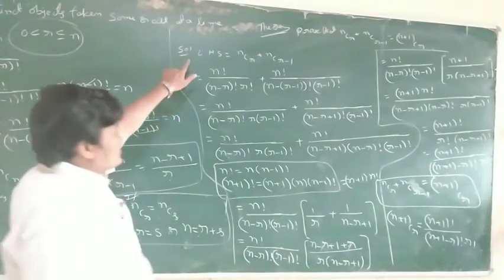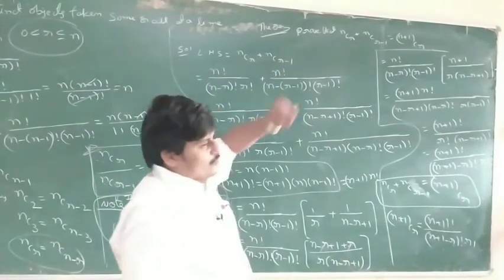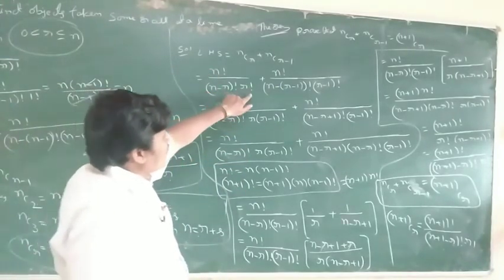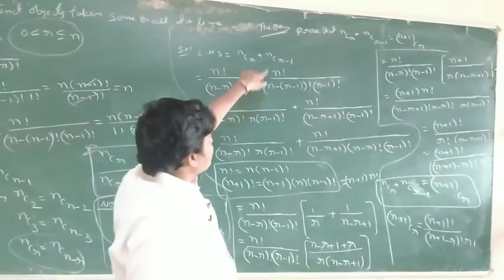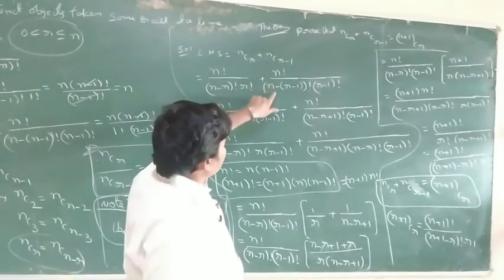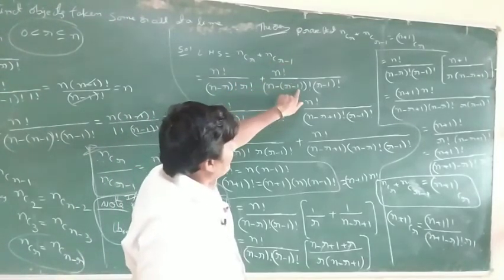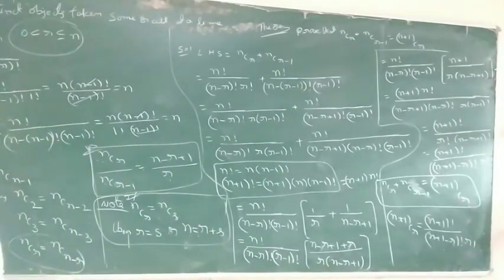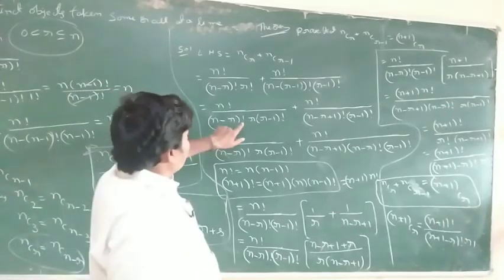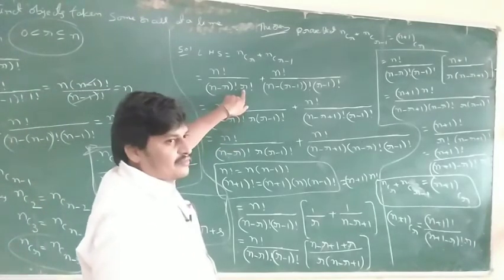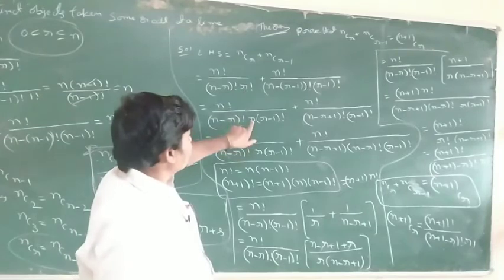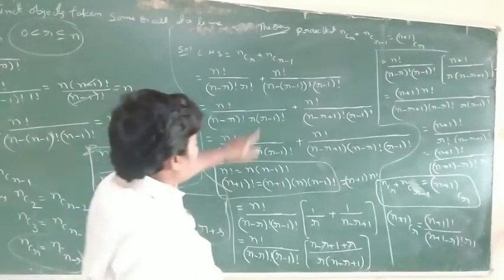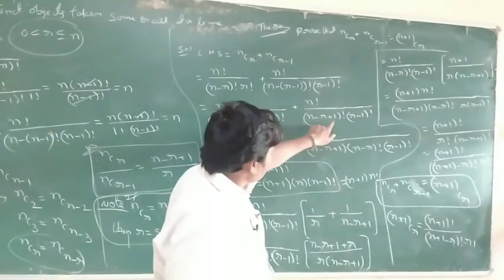So LHS: nCr plus nC(r minus 1). The nCr formula is n factorial by (n minus r) factorial into r factorial, plus n factorial by (n minus (r minus 1)) factorial into (r minus 1) factorial. Here r is replaced by r minus 1. r factorial can be written as r into (r minus 1) factorial. So n factorial by (n minus r plus 1) factorial.